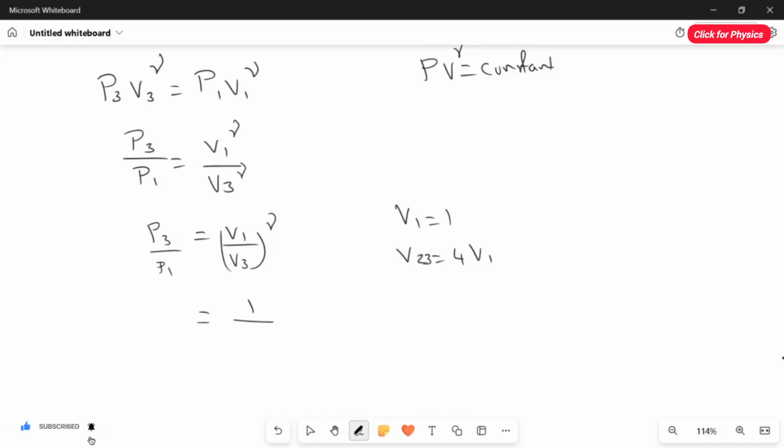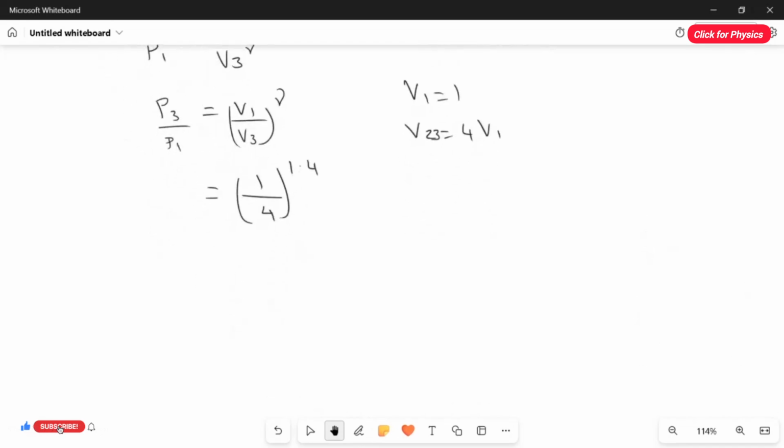So here V3 is 4, so 1 over 4, and then the gamma value we already found from the first part, which is 1.4. After I use my calculator, I got the answer for P3 over P1 equal to 0.144. So this is the answer for the second part.